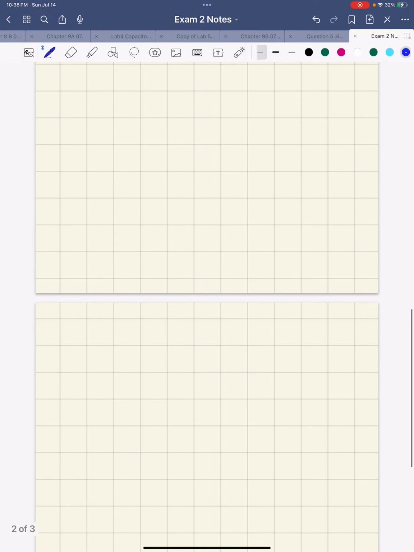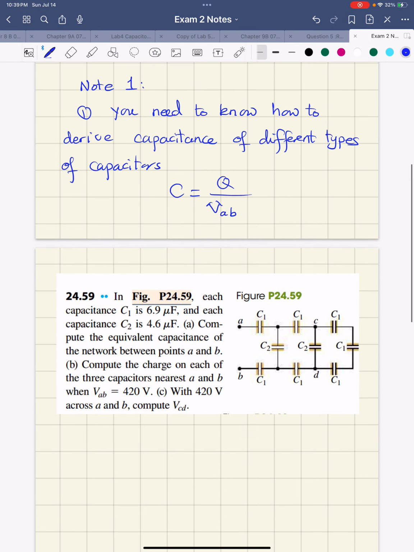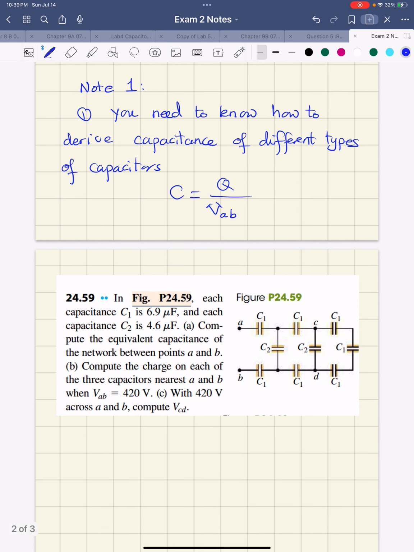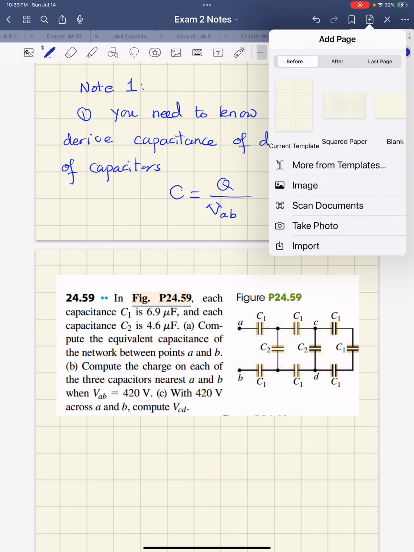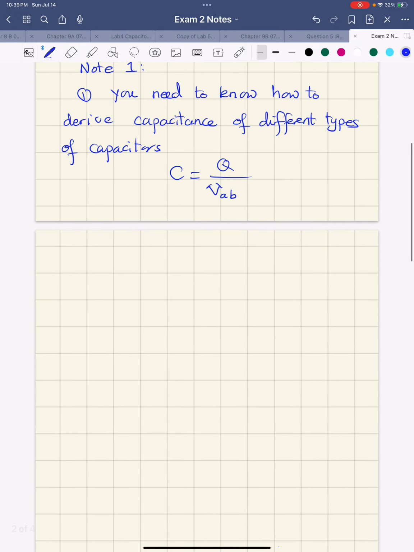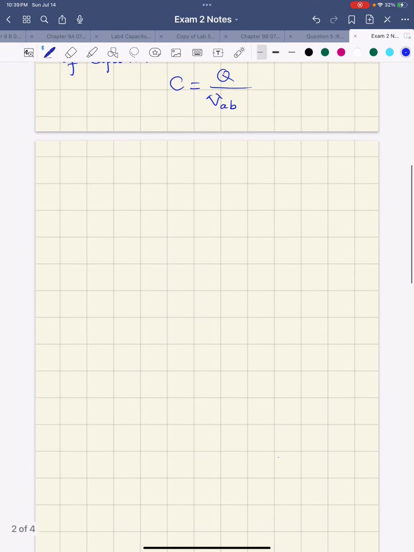Now, one thing I want to say here is what are the different types of capacitors.